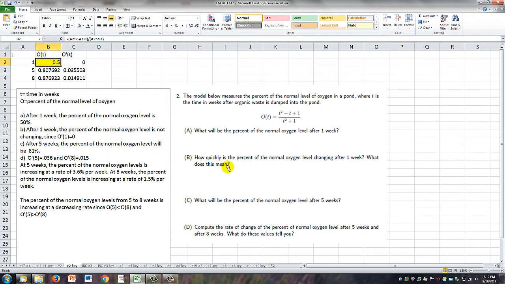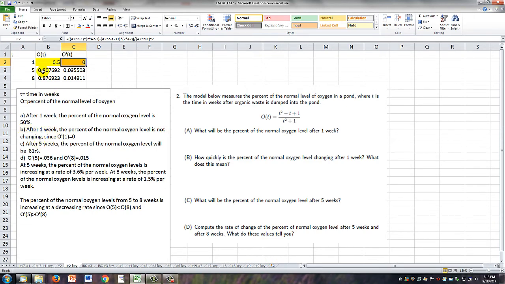Question B, how quickly is it changing after 1 week? We found that that was 0. So the way you interpret it, an IRC interpretation would be after 1 week, at that point, the percent of normal oxygen level is changing at a rate of 0% per week, which really you could just go ahead and say it's not changing.